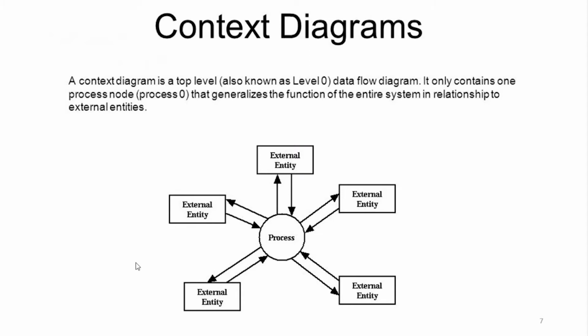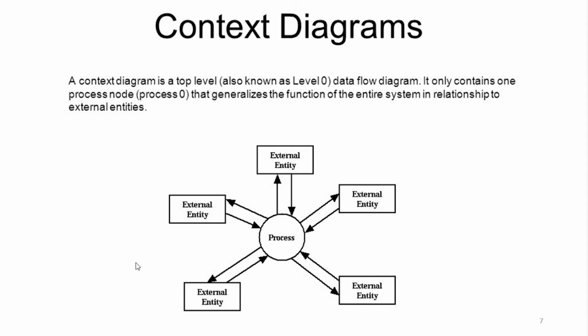So as I told you, this context diagram, the level 0 diagram, gives the overview of our system, and it is the most abstract data flow representation of our system. It represents the entire system as a single process, and this process is labeled according to the main function of your system.